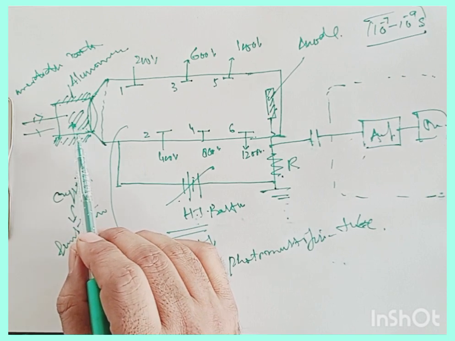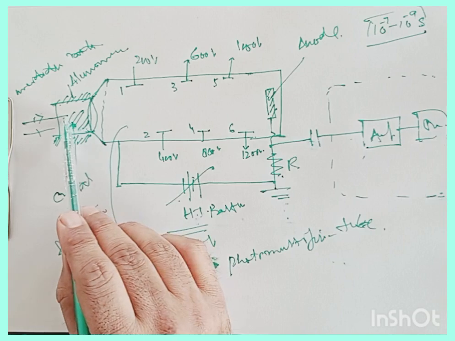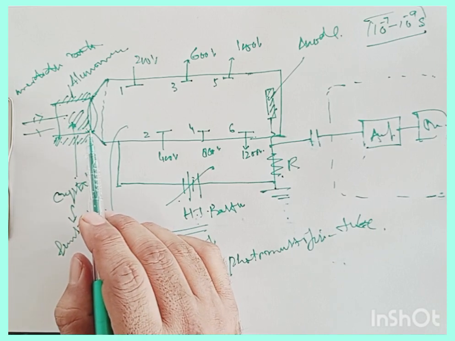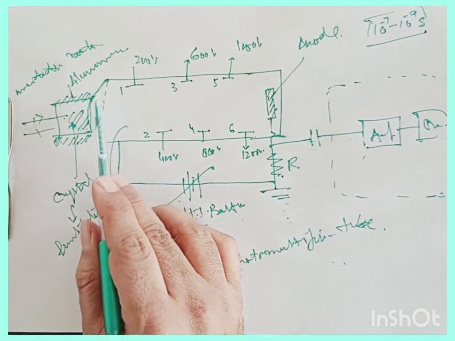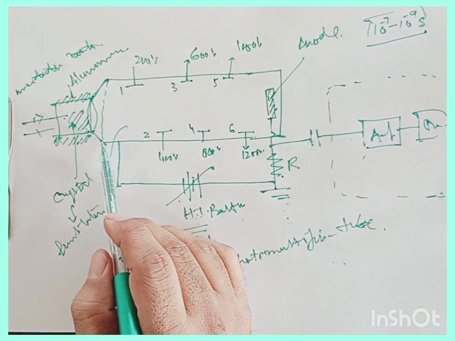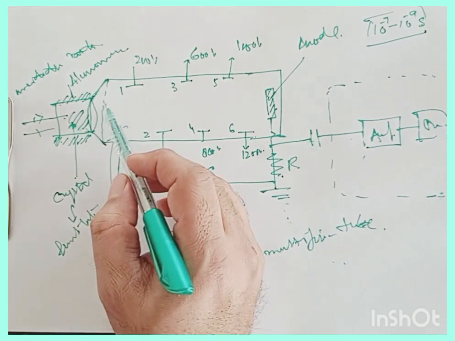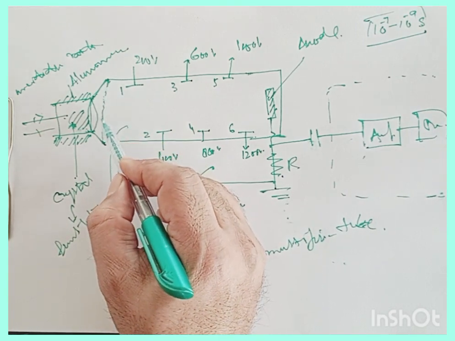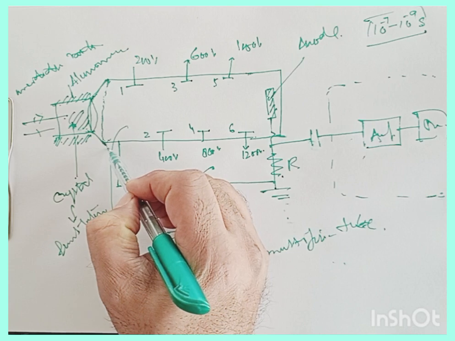Now the photons travel through this pipe to the photomultiplier tube. They reach this photomultiplier tube and fall on this transparent photosensitive layer.